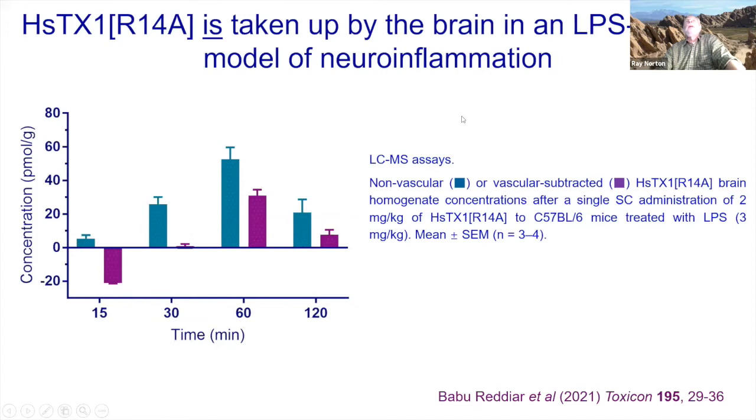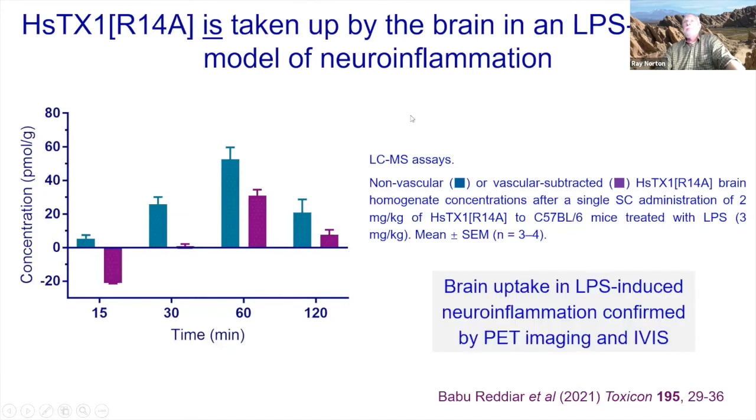So what that's suggesting to us is that in a neuroinflammatory model where the blood-brain barrier is known to be compromised, where it's known to become slightly leaky, our peptide is able to get into the brain. So this is quite an exciting result, quite an important result.